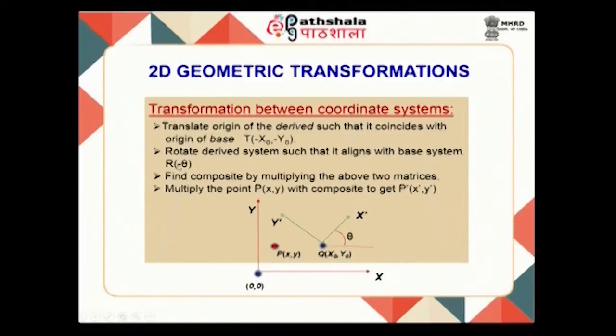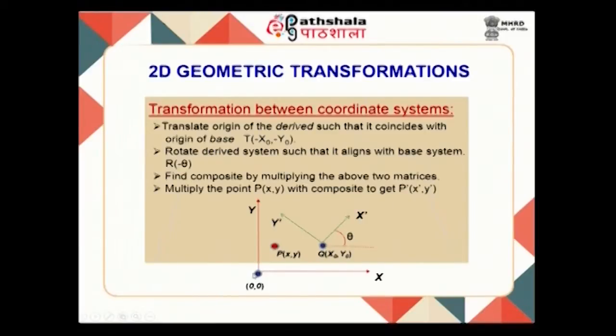So, the second step is R of minus theta, and the third step is to find the composite by multiplying the above two matrices. You are not putting it in the reverse order because that is not our aim. We are not retranslating or re-rotating, that is not what we are doing here.